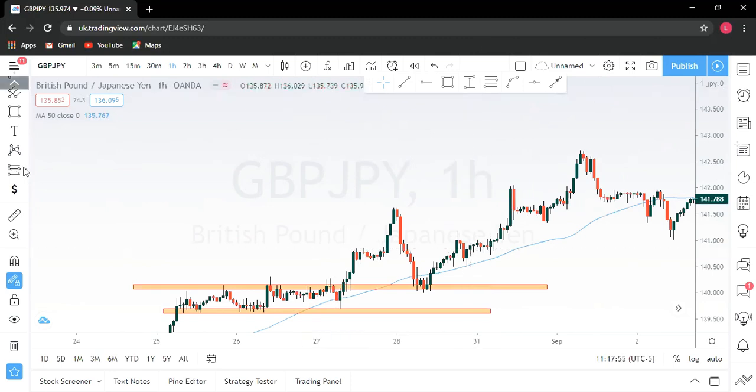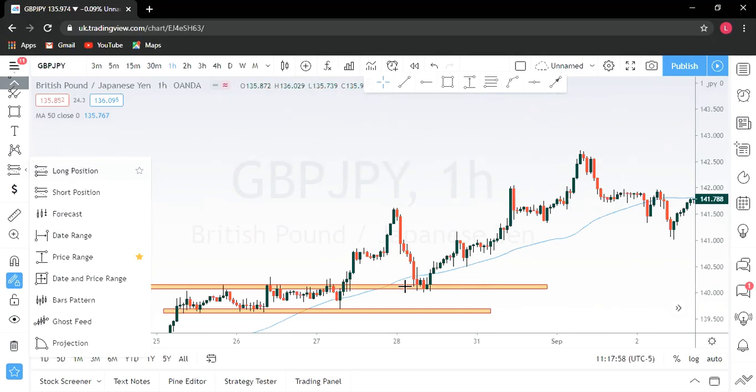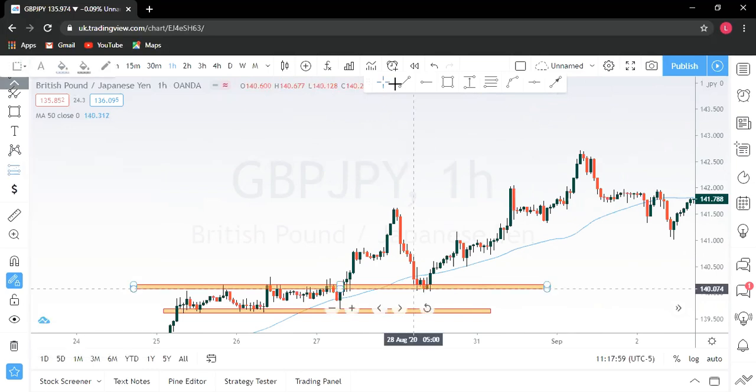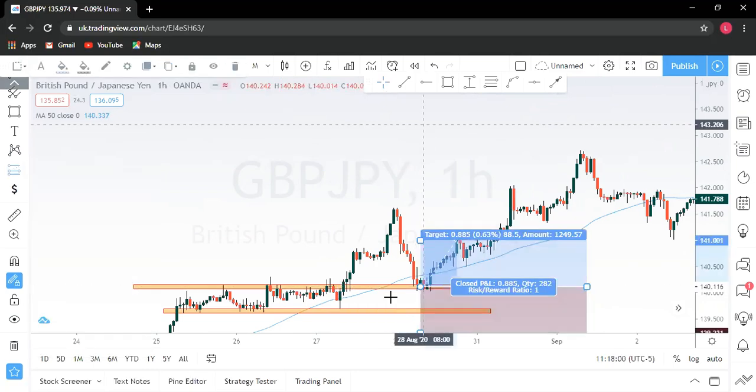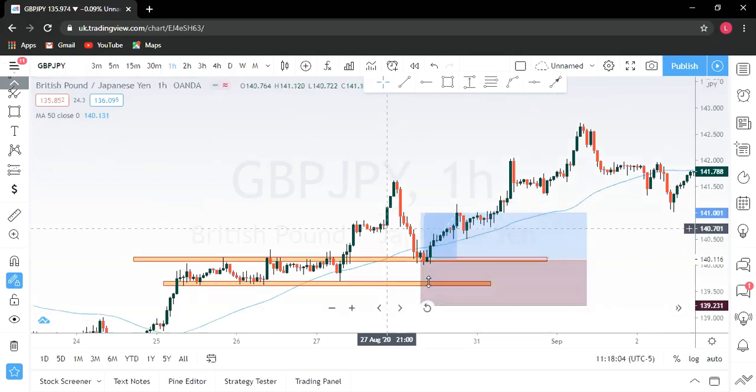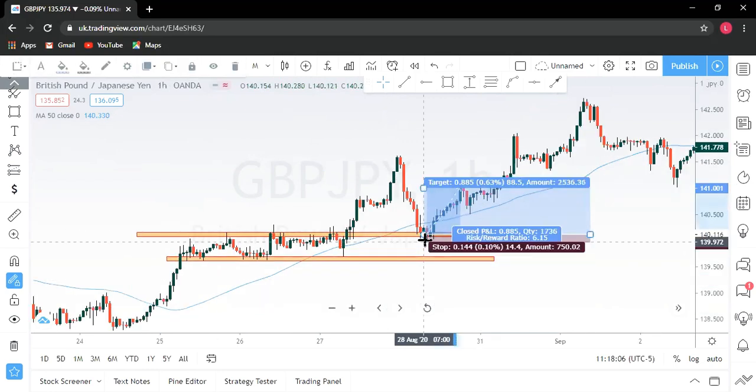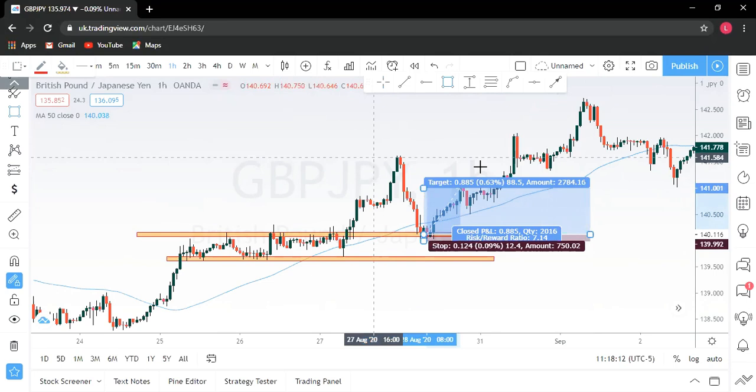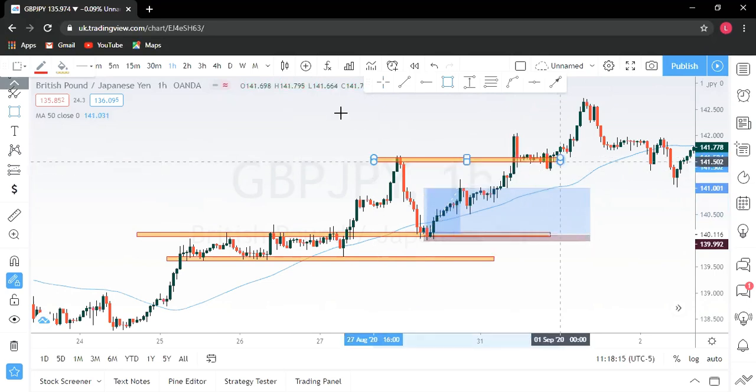So if you want to take advantage of it, just pick your long position because they've come to retest it. Your stop loss will just be a little pips below that candle. Then your take profit will be what? This is also a resistance level. This is a resistance level. So you take your take profit to that level.